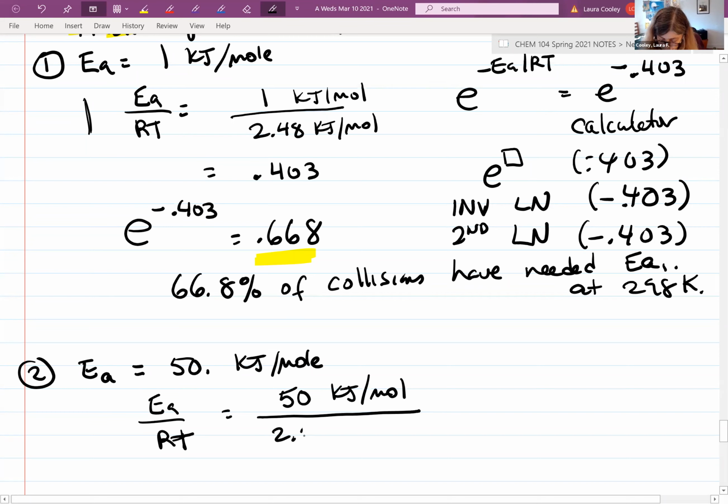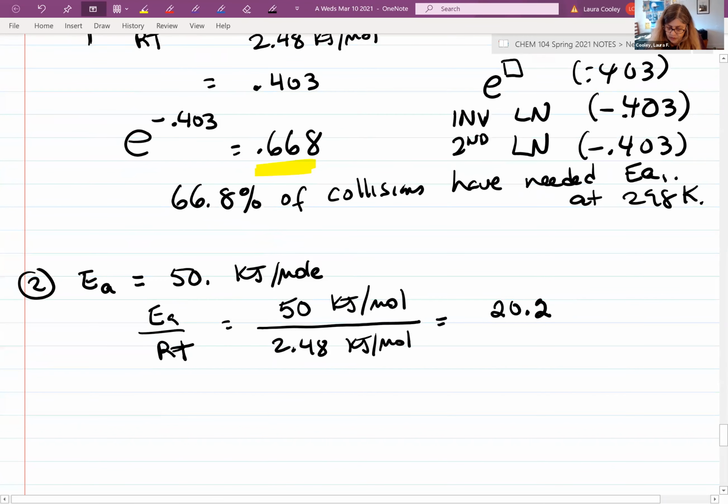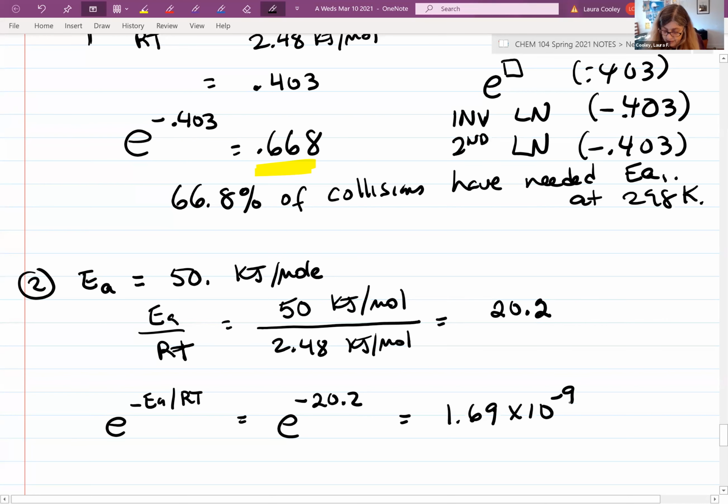It's still 2.48. So this number here is 20.2. So e to the minus EA over RT is e to the negative 20.2. And that number is 1.69 times 10 to the minus 9th.